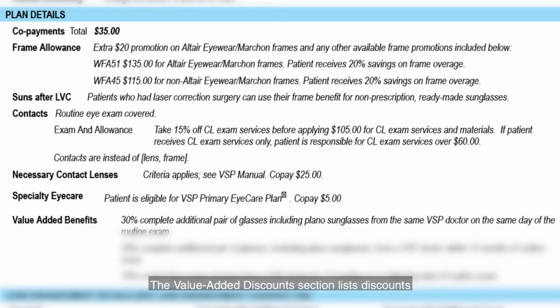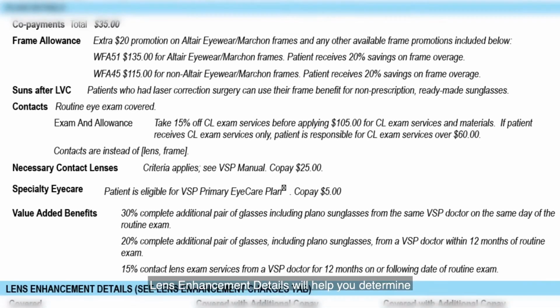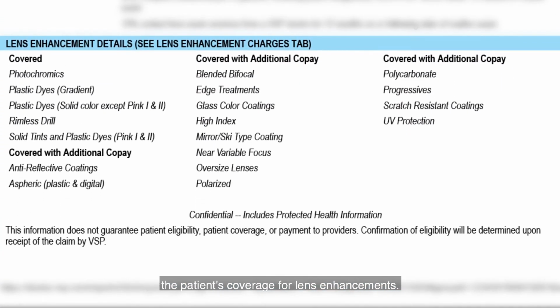The Value-Added Discounts section lists discounts that apply to services received in addition to the member's covered benefits. Lens enhancement details will help you determine the patient's coverage for lens enhancements. You'll notice that there aren't any brands here, just categories of lenses and options.